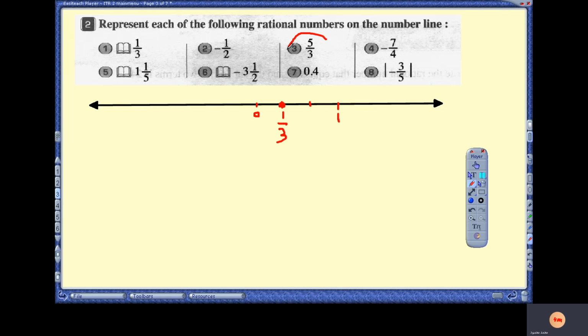5/3. You need to know 5 over 3 as a mixed number, it will be 1 and 2/3. Divide 5 by 3 equals 1, and the remainder 2. It will be 2 over 3. So 5 over 3 is between 1 and 2. 1 means 3 over 3.